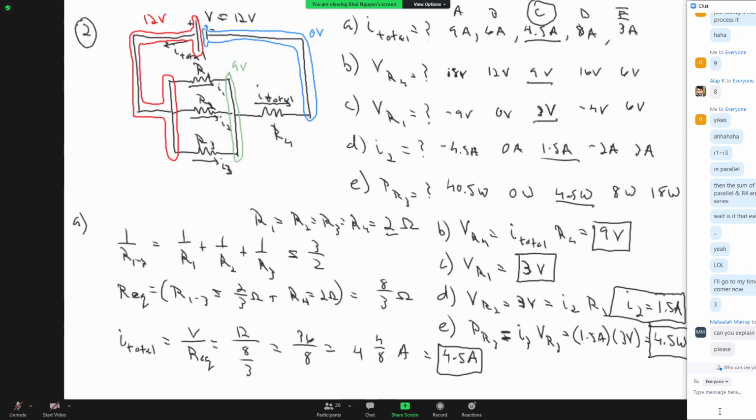Sure. How did I get C? So notice the thing I drew in red, Michaela? All of that's high voltage, right? That's 12 volts for a 12-volt battery. And blue was 0 volts. And from B, I know that I dropped 9 volts across this section right here.